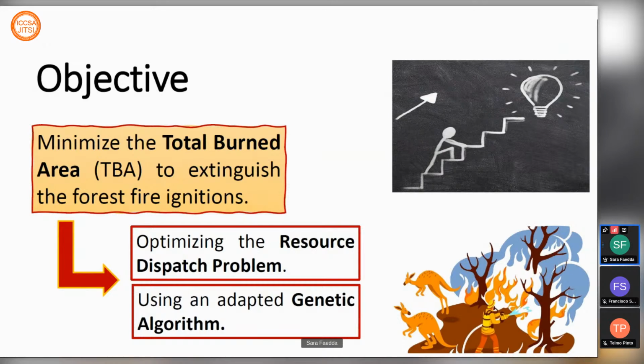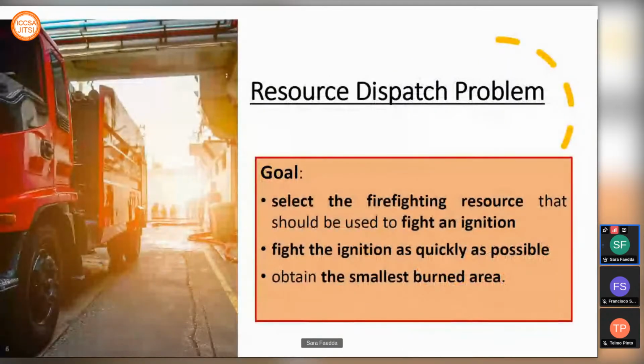So to do this, we will optimize the resource dispatching problem, and we will use the genetic algorithm to solve it. So the goal in the resource dispatch problem, as I said before, is to select the resources that should go to fight an ignition and extinguish it. And we should fight the ignition as quickly as possible, in order to obtain the smallest burned area.